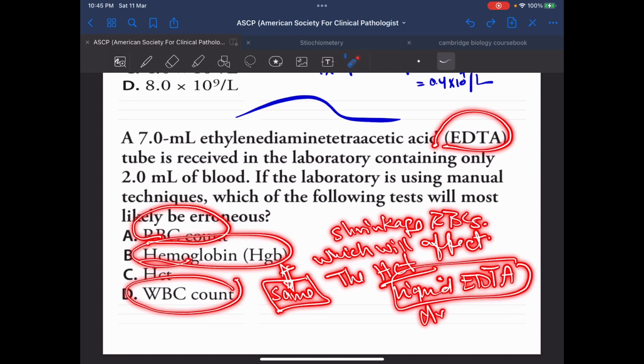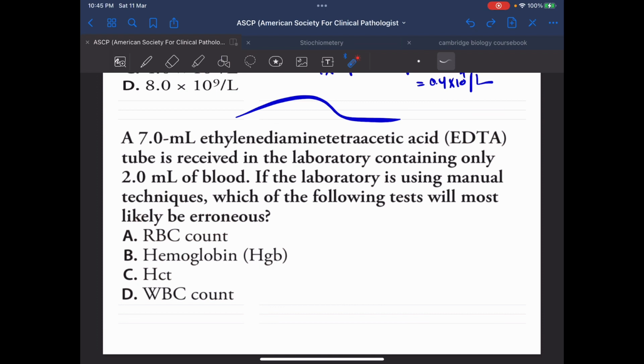It is dry EDTA. Otherwise, if it is liquid, it will affect all the parameters, because the dilution here will make the count less. But here, because it is dry EDTA, it will affect only the hematocrit, but the counts and hemoglobin will be the same.